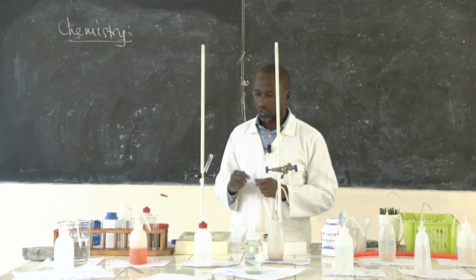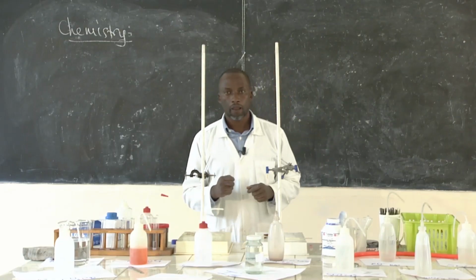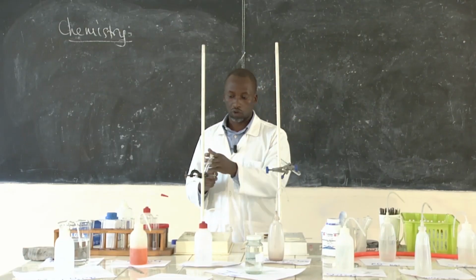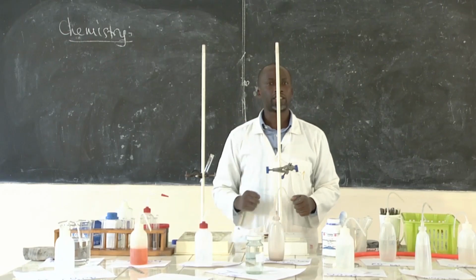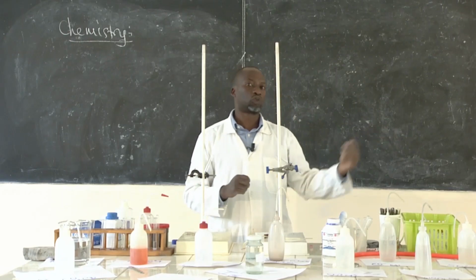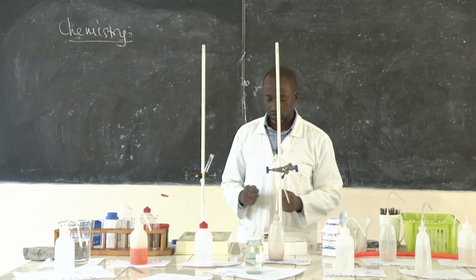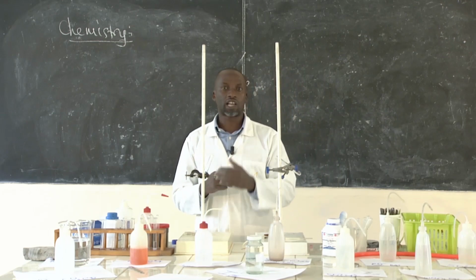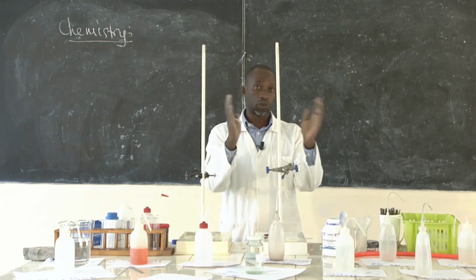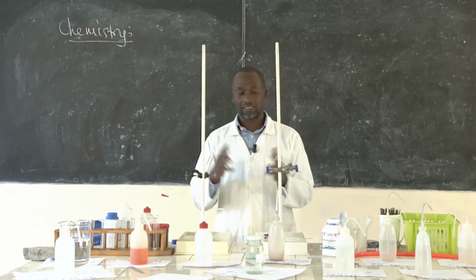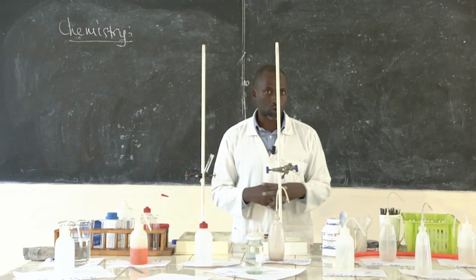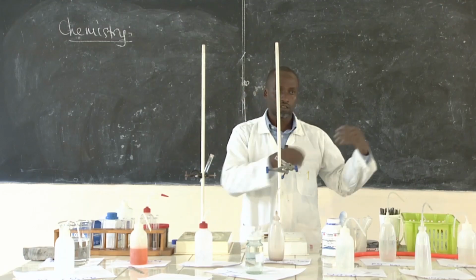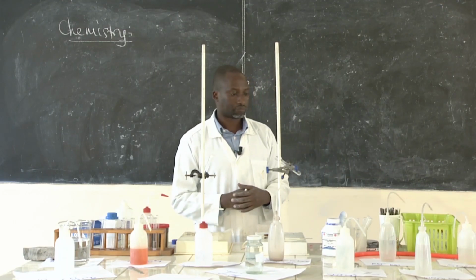We also used potassium dichromate, a yellow-orange solution, and then it turned to green. Those are some of the tests that we carried out for those gases. But remember, I said we don't keep gases in the laboratories, so we had to prepare them and then test them.